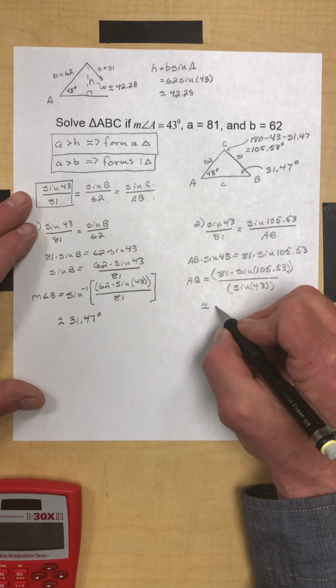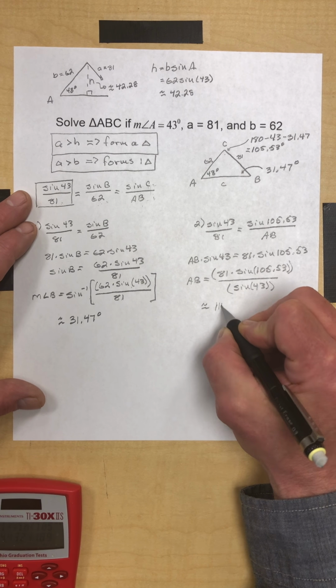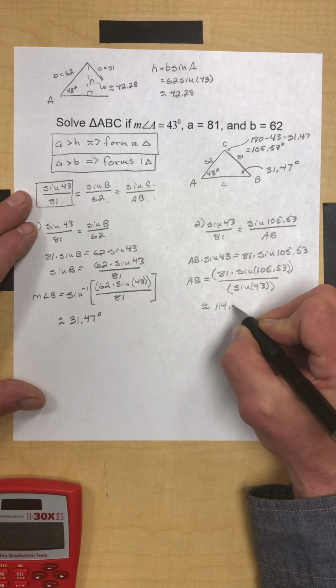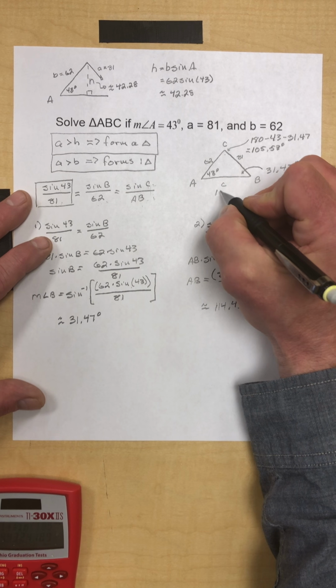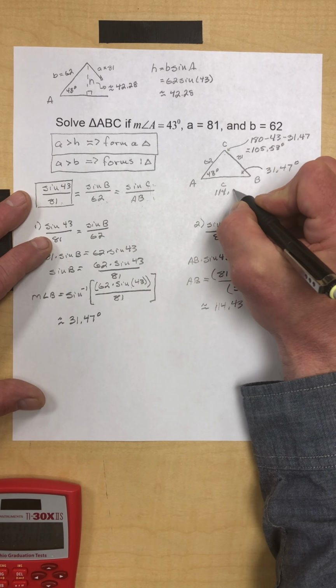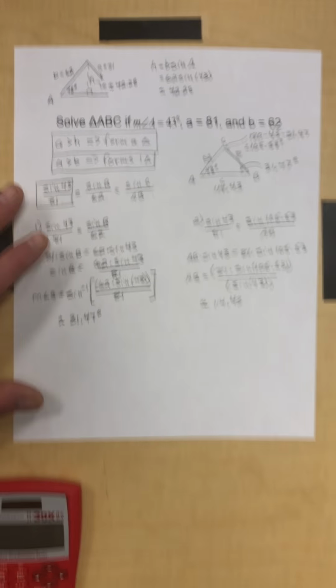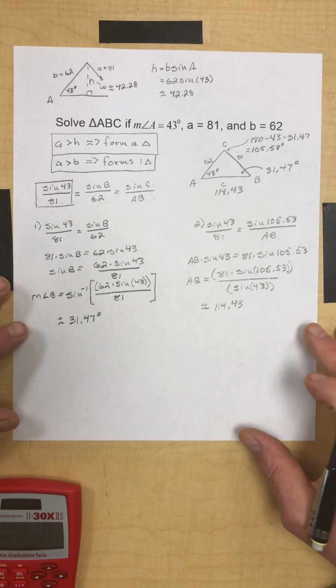And I am coming up with 114.43 units when it's rounded off. So this is 114.43. And we should be in good shape here.